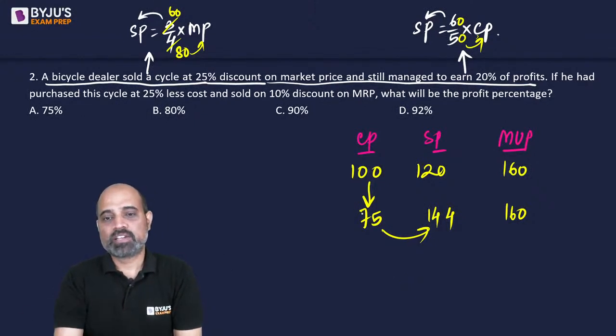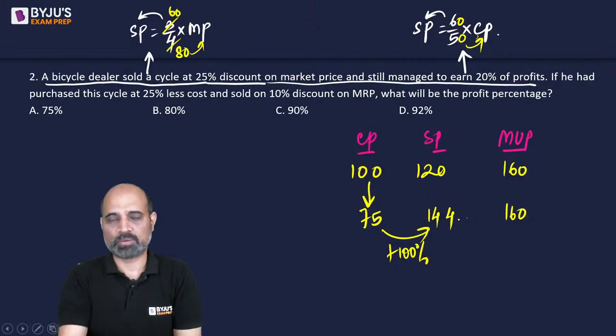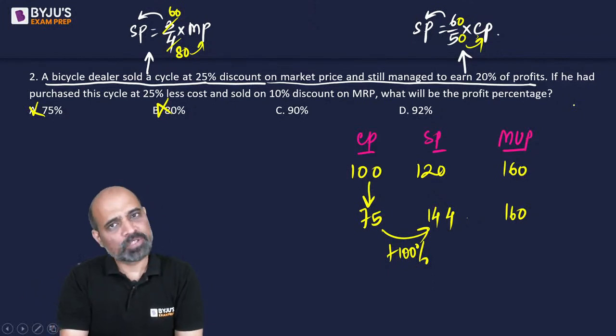So कितना है? देखो 75 का डबल या फिर 100% इंक्रीज इज 150. ये 100 से थोड़ा सा कम होगा. It won't be 75 or 80. It's going to be 90 or 92. So let's calculate 90% of 75 का increase, right? So 100% 144 है, तो 90% कितना होगा?